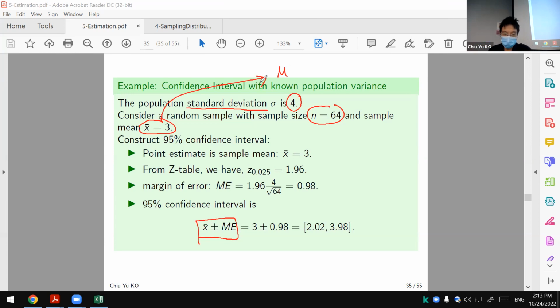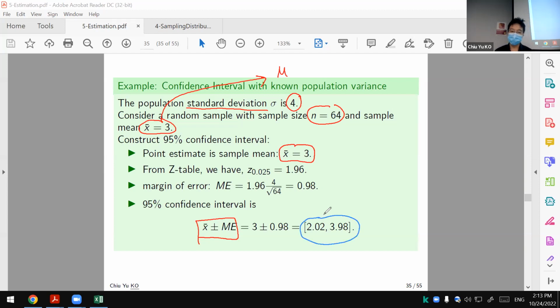So the question is, if I have 3 here, can I say more? How likely is the mu? It turns out, when we do a calculation, to be between 2 and 4.